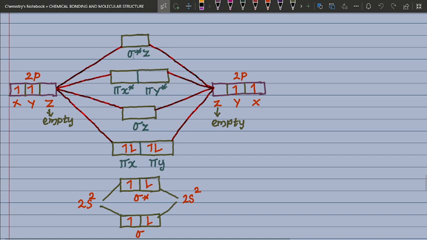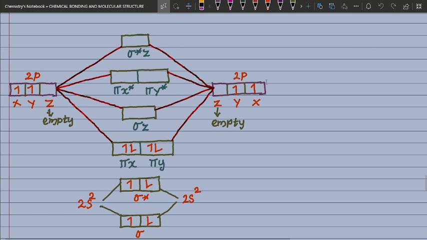This is the sigma star x z. This is the sigma star z orbital. This is empty. Here see pi x star, pi y star. This is also empty. Here sigma z. This is also empty.